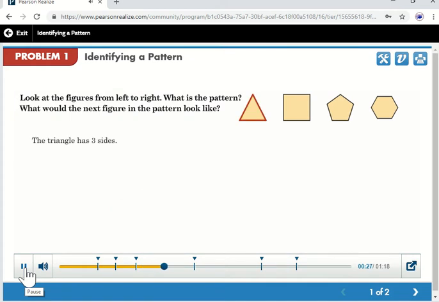The triangle has 3 sides. The square has 4 sides. The pentagon has 5 sides.